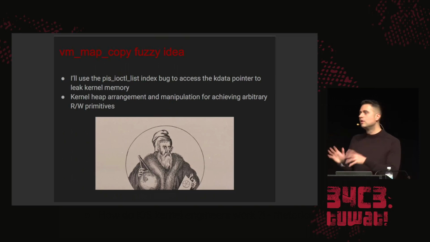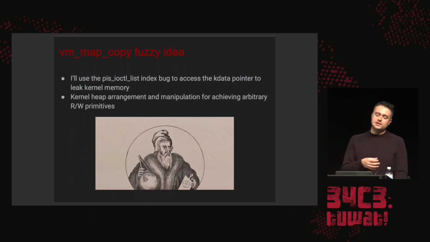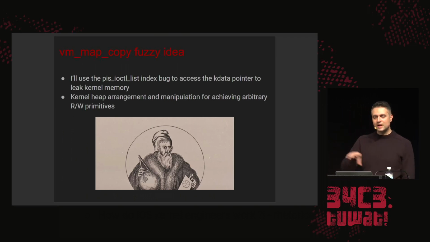Of course, the end goal is to have arbitrary read-write, right? And of course, it was just a fuzzy idea at that point, and that's always the goal. But when you study the bug and you see the different code paths and how the things you affect are used, then you have some maybe not completely concrete things in your mind, but you know that interesting things can happen. So that's what I had at that point.